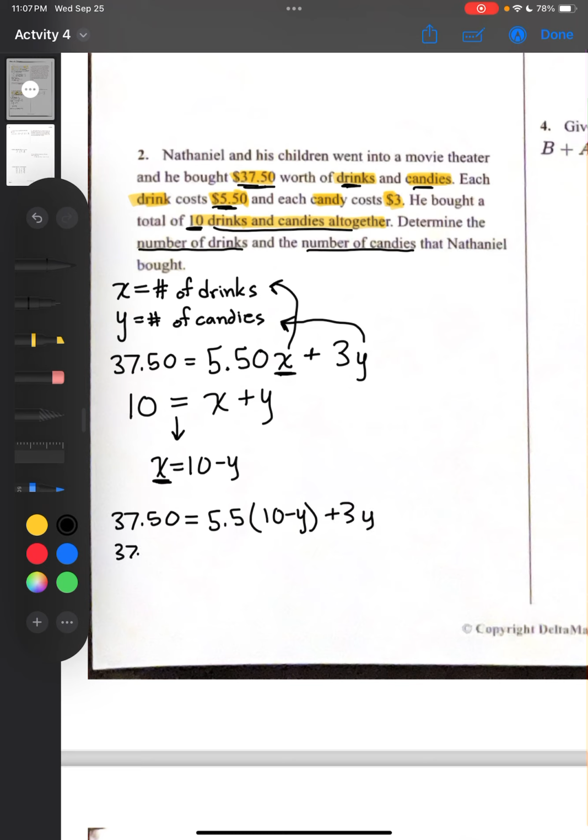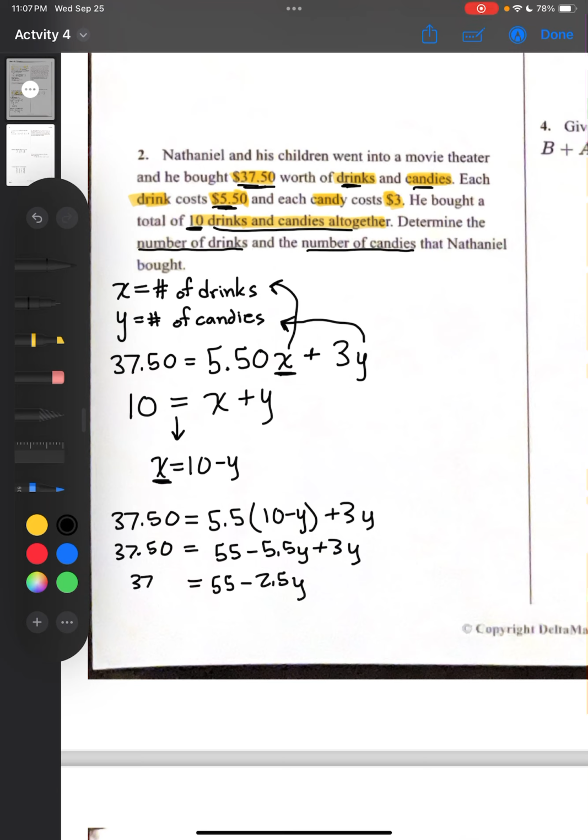Now we're going to distribute on the right, keeping the left the same. This becomes 55 minus 5.5y plus 3y. Bringing this down again is our 55 minus 2.5y.